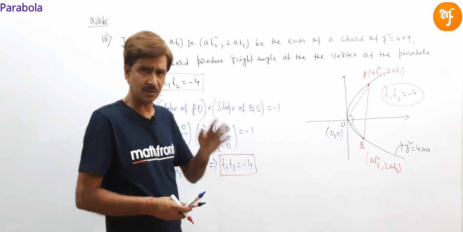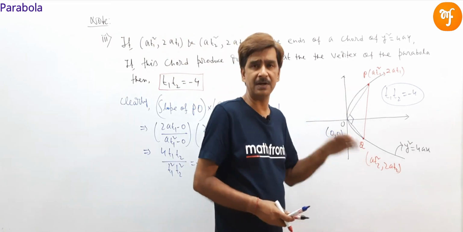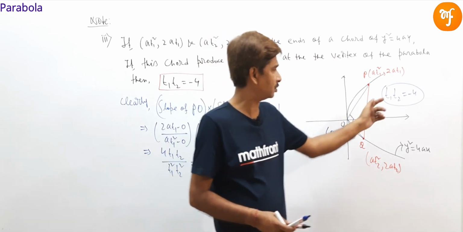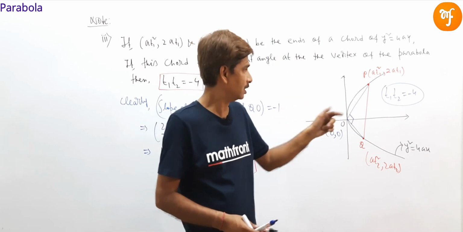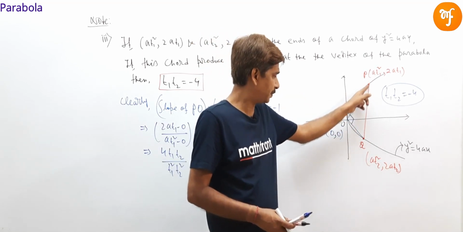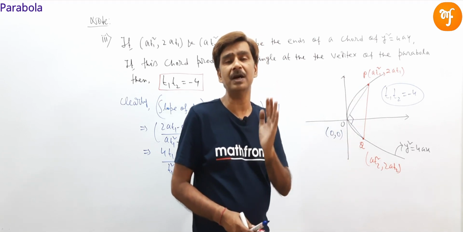So it is clear to us, one thing you must remember, if PQ is any focal chord, then t1 into t2 becomes what? Minus 1. We just discussed. So in this case, when PQ subtends a right angle at the origin, then PQ should not be the focal chord.